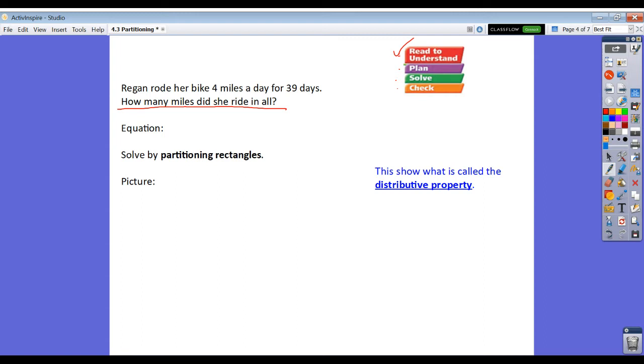Now my plan, well, if she rode her bike 4 miles each day for 39 days, I'm going to think of that 39 days with 4 miles each day is 39 times 4, right? This asks for an equation. Is this an equation? Because I need an equal sign. So I'll say equals, it wants how many miles, let's call it M for miles.